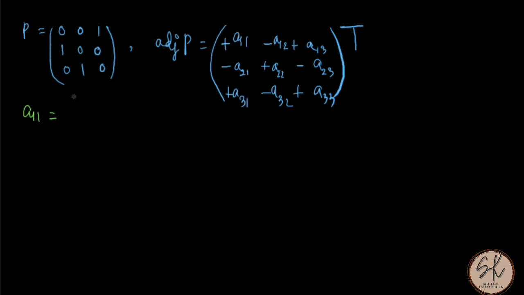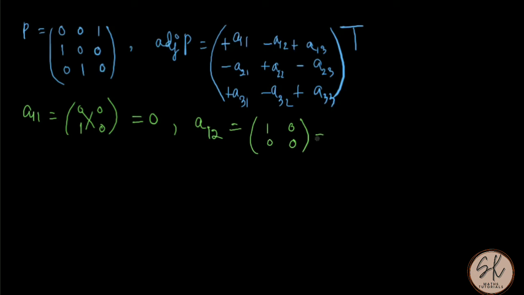So A11 is equal to, hide the first row and first column, then you will get this as 0, 1, 0, 0 and its determinant is, see, 0 minus 0, that is 0. Okay. Next let us find the minor of A12, which is equal to, hide the first row and second column, then you will get this as 1, 0, 0, 0 and its determinant is equal to 0.